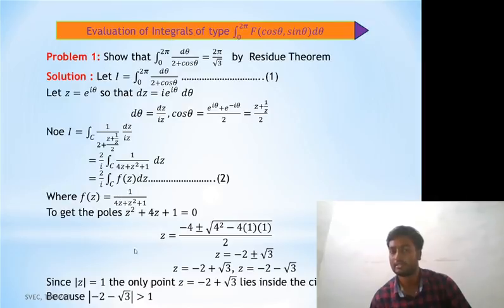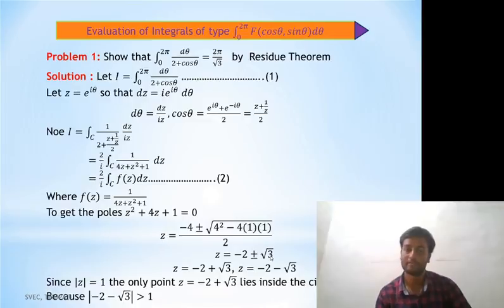Now consider poles. For poles, equate the denominator to 0. So it is of the form ax square plus bx plus c. Now x equal to minus b plus or minus square root of b square minus 4ac, by 2a. I use that formula: minus 4 plus or minus square root of 16 minus 4. 16 minus 4 is 12. 12 can be written as 4 into 3. Root 4 is 2, that means it is 2 root 3. Now here is 2, here is 2, the 2s get cancelled: minus 2 plus or minus root 3.